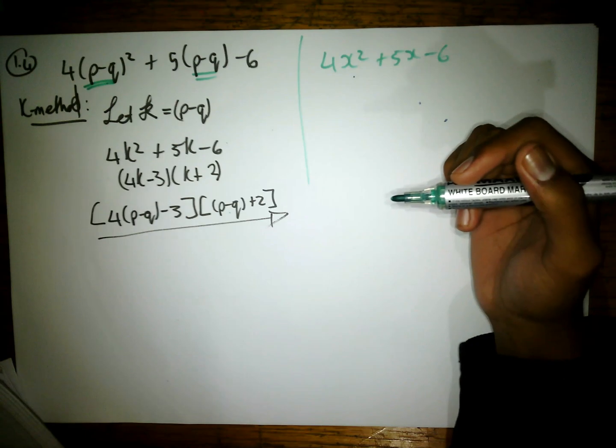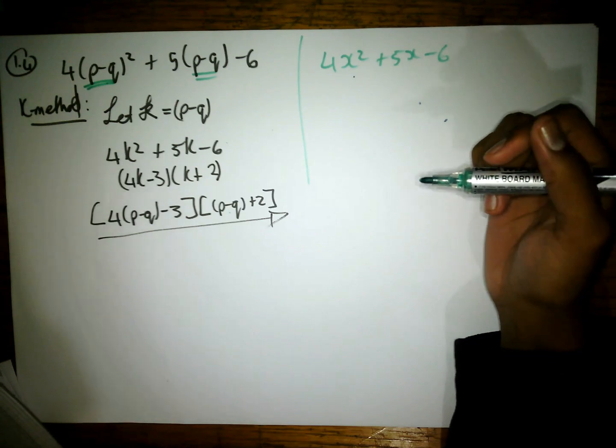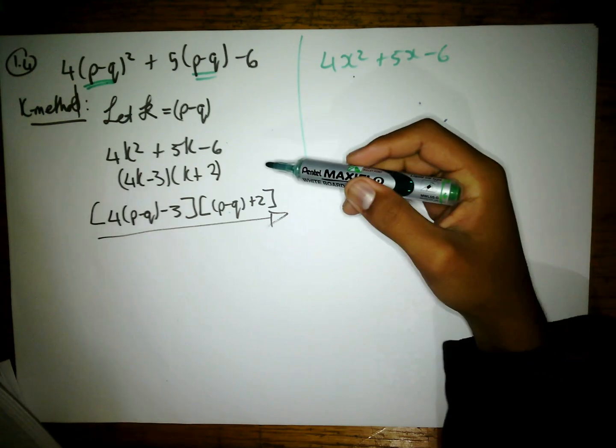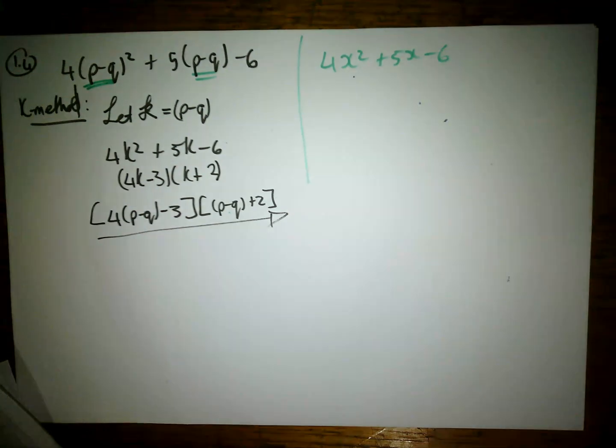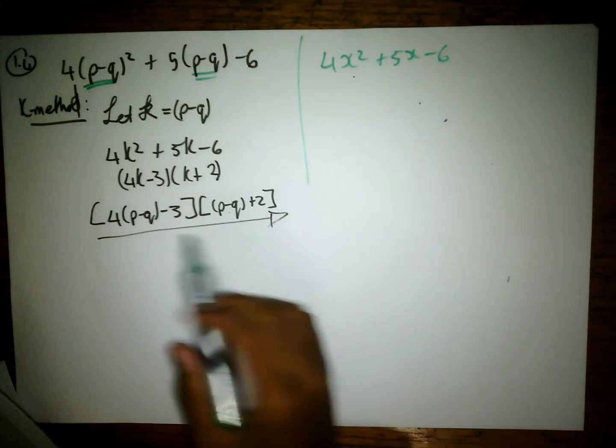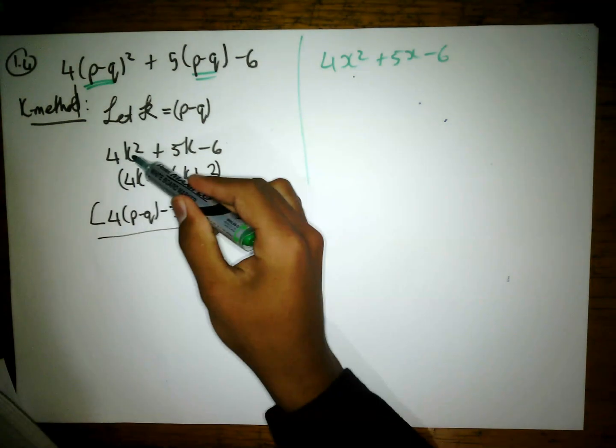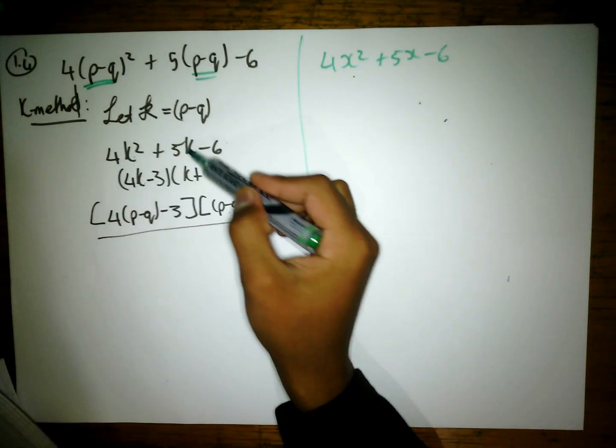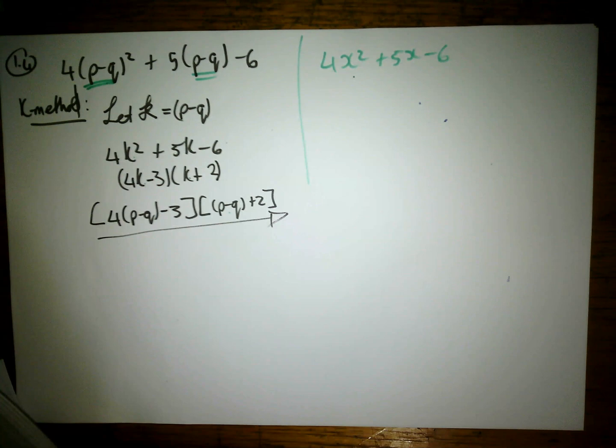You will just write a lot extra, and with all of the writing you could maybe miss a sign, switch a sign, forget a sign. So the K method is just to simplify, because otherwise we would have put a PQ there, a PQ there, PQ here, PQ there. This is just a bit simpler for us. You do the K method also in a number of other equations, but we will get to that.